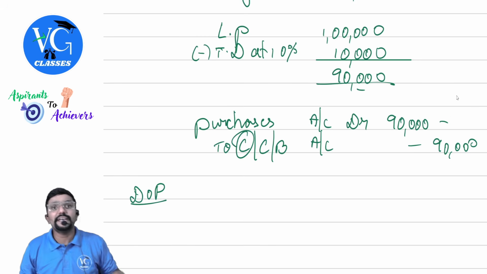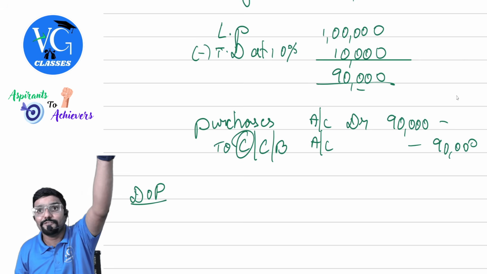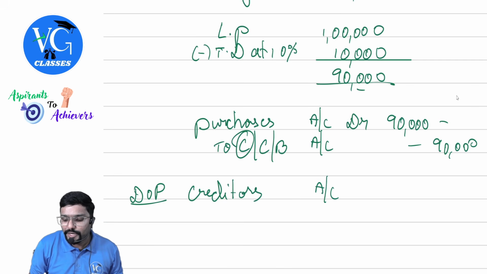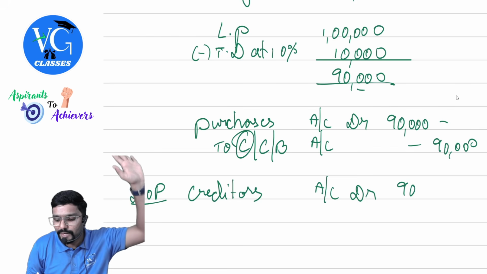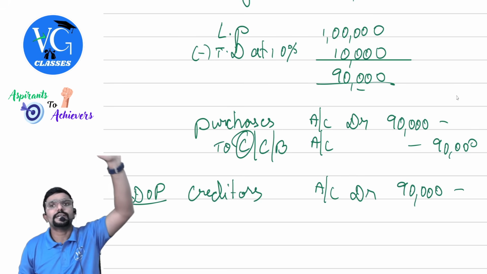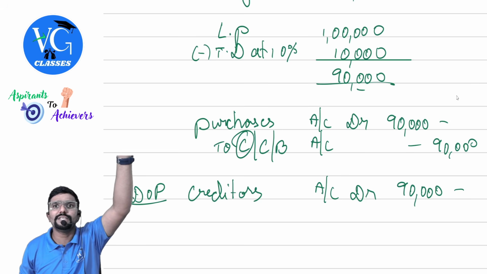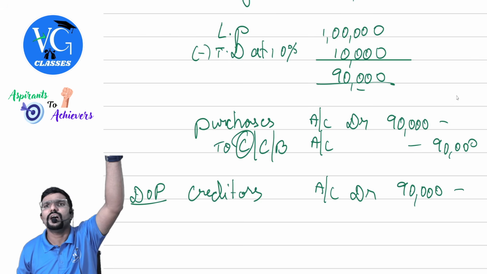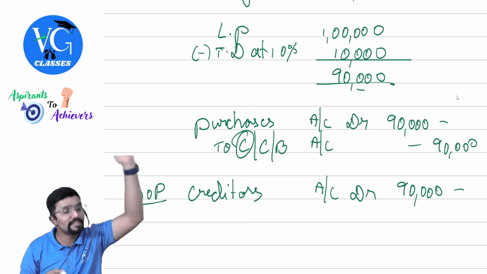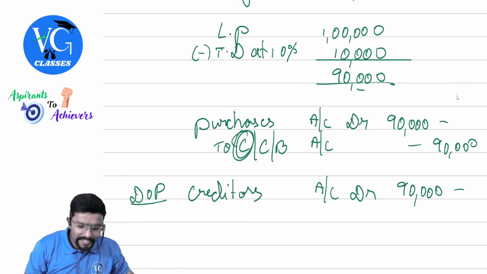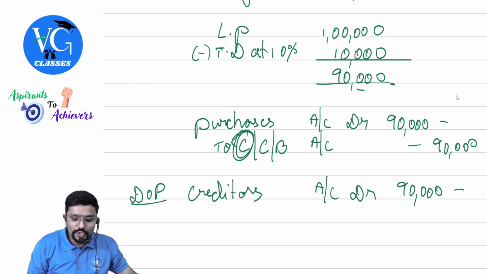Assume I have credited creditors. Till I pay, is it a liability for me? Yes. So what is the entry I will pass? Creditors account debit. Is he going out now? Yes, bye-bye to creditors. Till I pay, he was a liability, because it was a credit purchase.